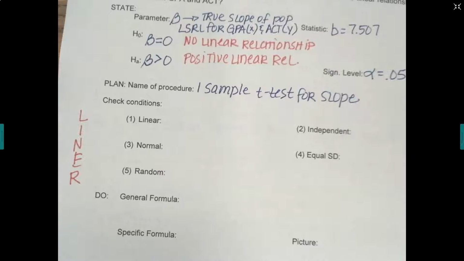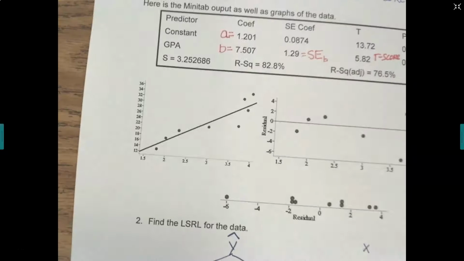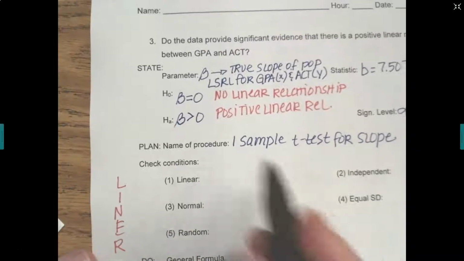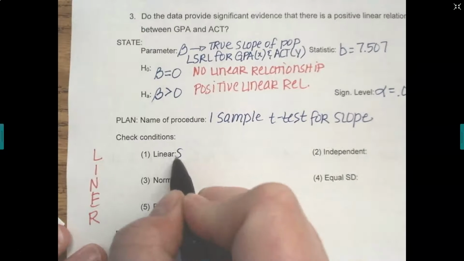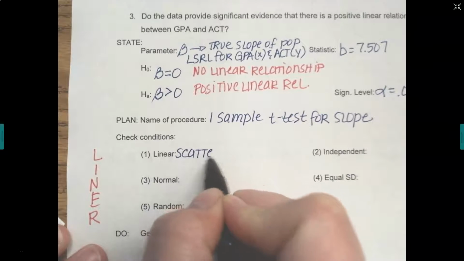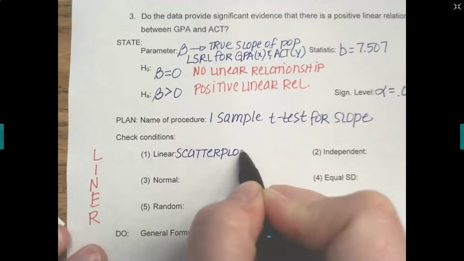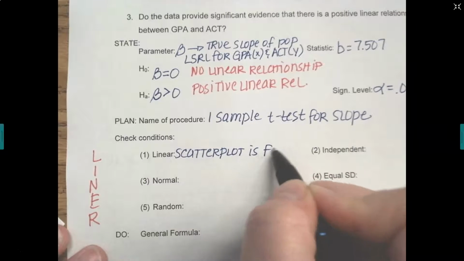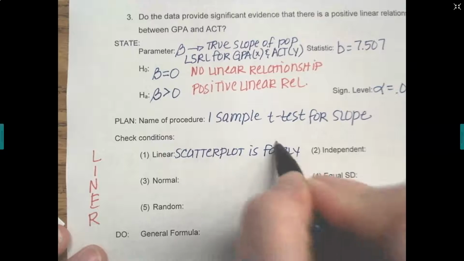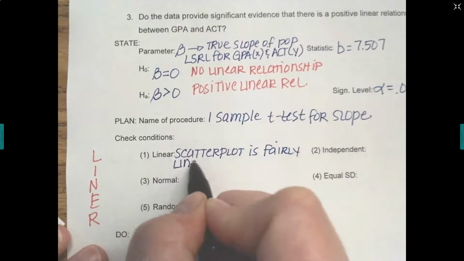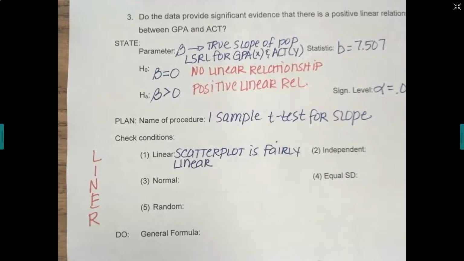When we look at the scatter plot, it's fairly linear. There's an -ly word because we don't want to say it is linear. It looks pretty linear. You want to be a little wishy-washy on that language.